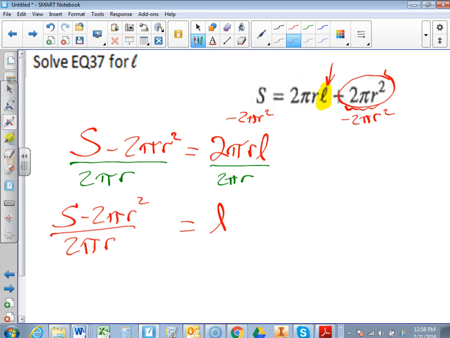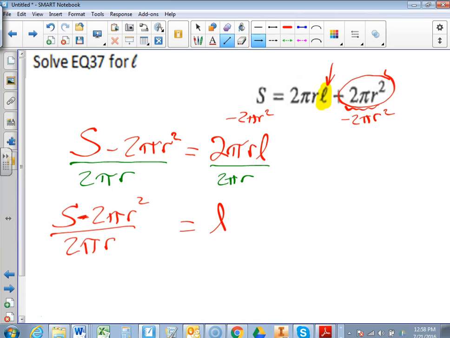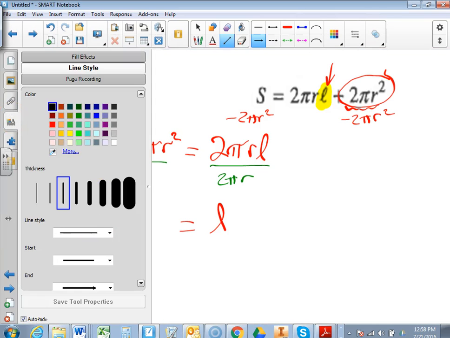Now, ladies and gentlemen, I cannot stress this next point enough. For the love of God, because of this minus sign right here, you cannot just cancel the 2 and the pi and the r with this. We're going to just do this real quick, because I want to make sure that you guys don't fall into this mistake.